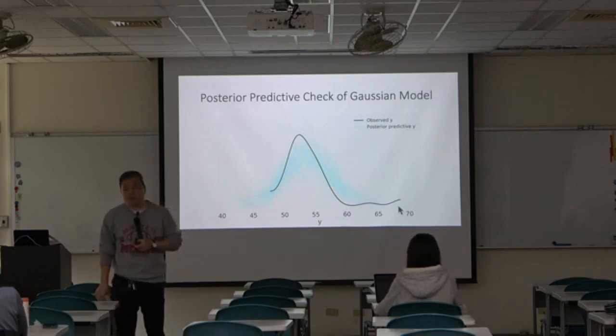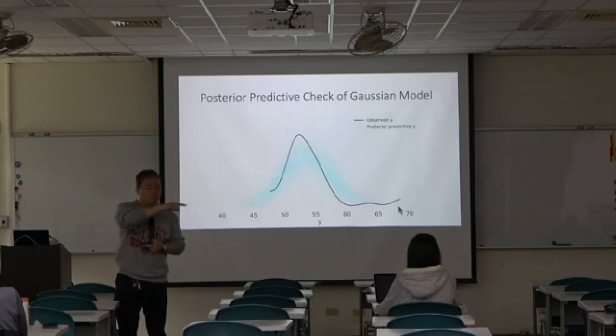what model we use. We are using a Gaussian model, a normal model, right? It's a bell shape. It always is a bell shape.